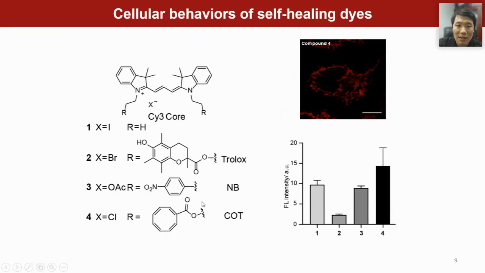We conjugated these three molecules to Cy3 and tested their cell behavior. We found that once we conjugate Trolox, it's no longer that cell permeable. The nitrobenzene and COT conjugates are reasonably cell permeable, and they give a distinctive mitochondrial labeling pattern, which is encouraging.